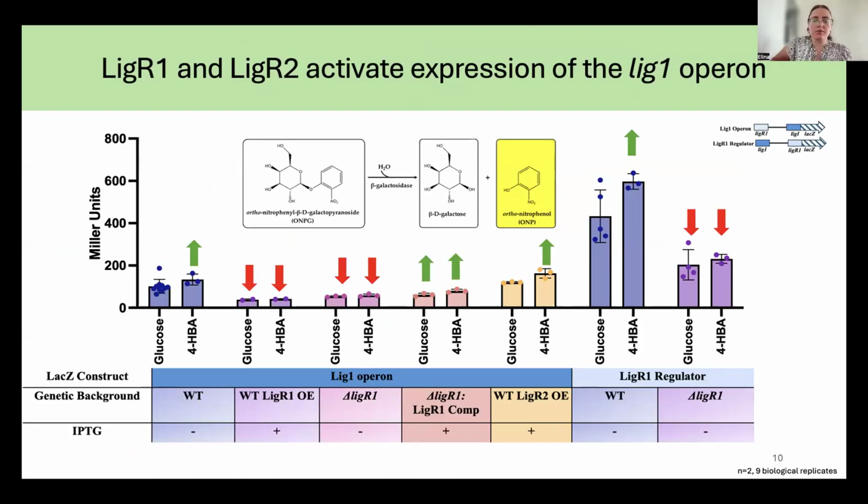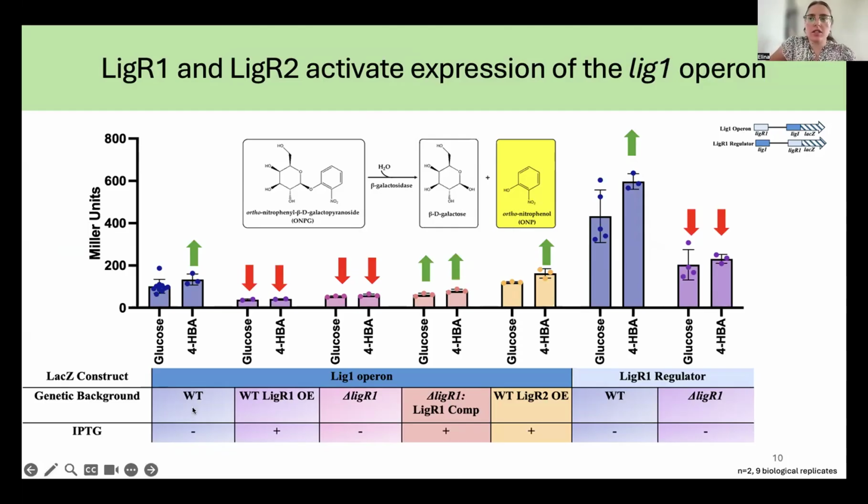And we monitor the production of orthonitrophenol, which produces this yellow color that we can then monitor via absorbance and plot using Miller units, which normalizes the absorbance of the yellow color by the optical density of the bacteria. So these are simplified versions of the beta-gal experiments that I conducted from the original manuscript, but I'll just go through a brief summary of the major findings.